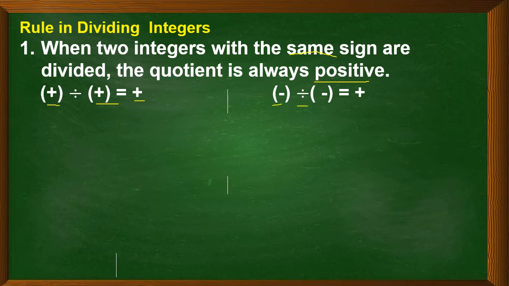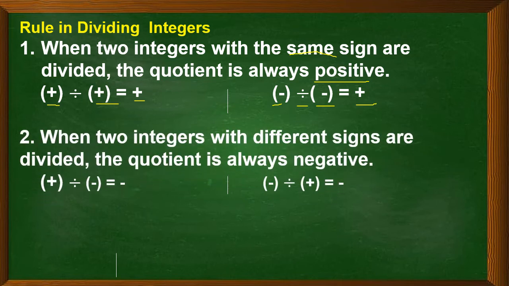Negative divided by negative, the quotient is positive. Next rule. When two integers with different signs are divided, the quotient is always negative. So positive divided by negative, that is equal to negative. Or negative divided by positive, that is equal to negative.